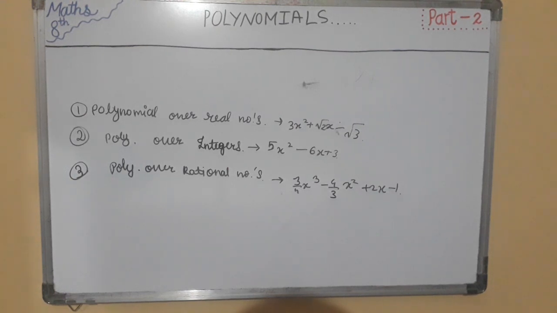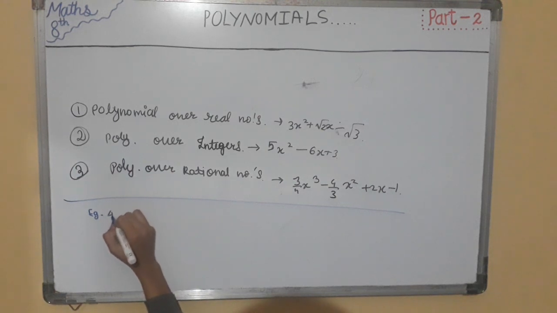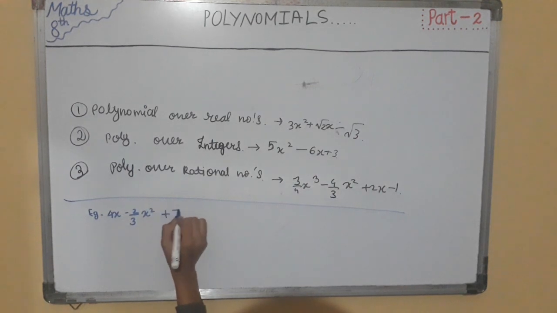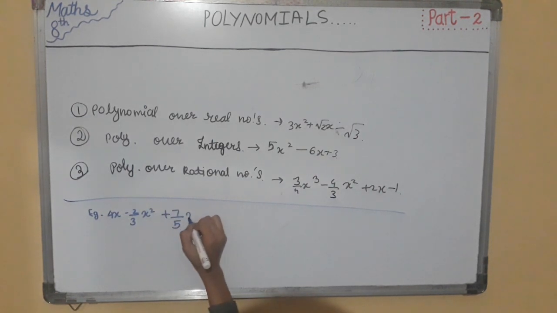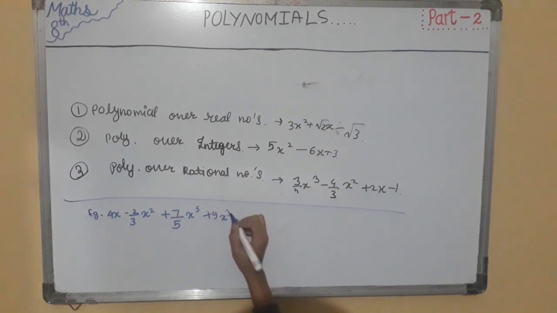Example: 4x minus 2 by 3 x square plus 7 by 5 x raised to 5 plus 9x cube.